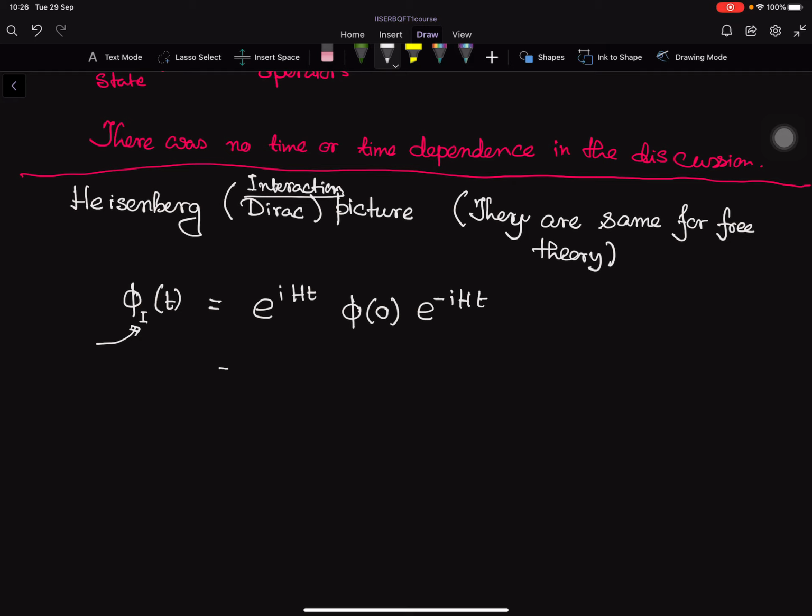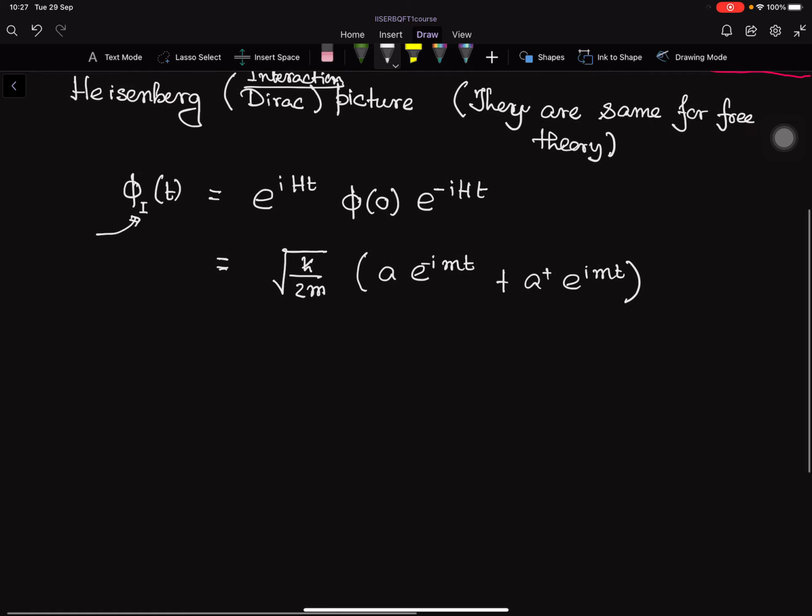You can easily compute it, and you can show that this thing simply becomes this. This is how the simple operator evolves, and in general you can also figure out how other operators evolve.